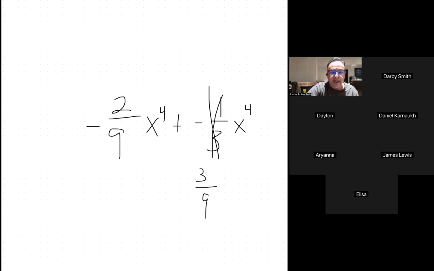Okay. And now what do I do is this. You combine the numerators. This negative sign right here, I go a negative 2 plus a negative 3. A negative 2 plus a negative 3 is a negative 5. My denominator stays the same.